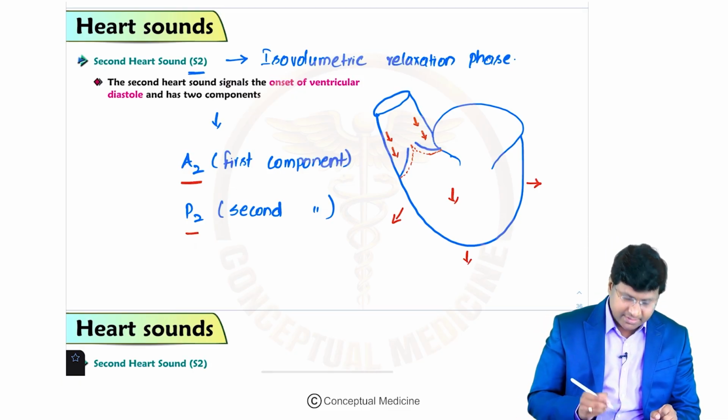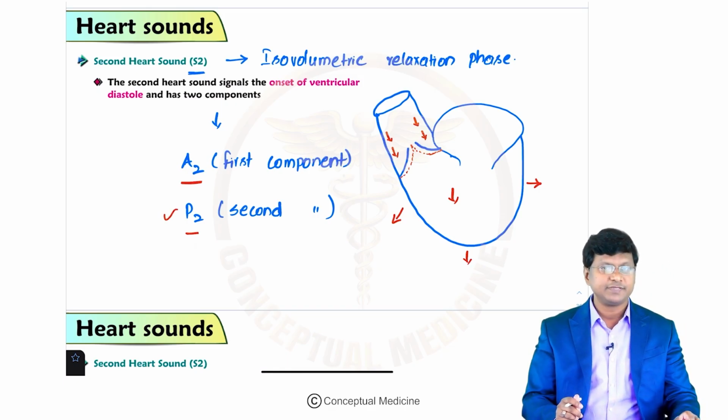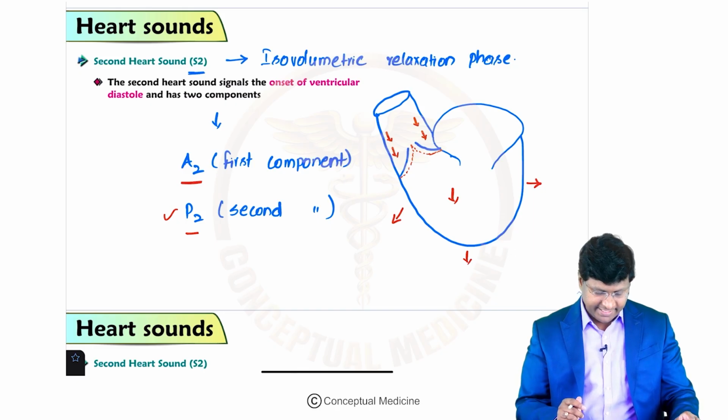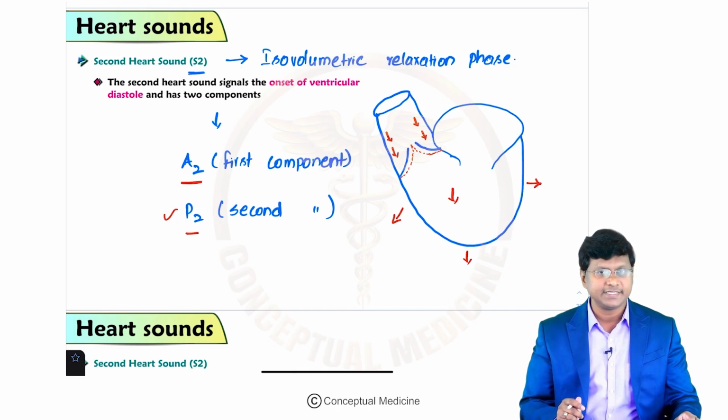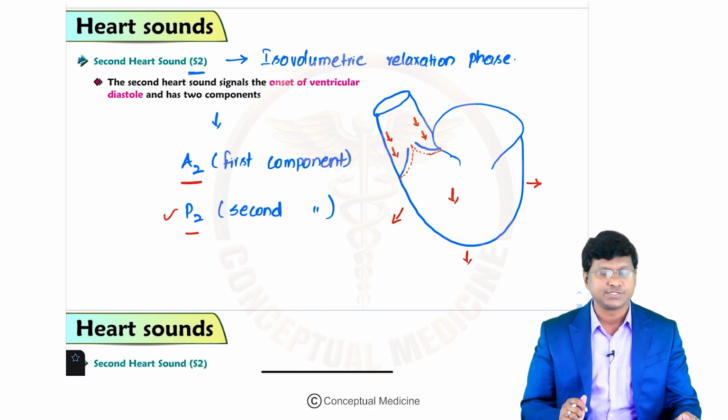A similar principle applies on the right side, and that will give rise to the P2. So you have the A2 followed by the P2. This is the mechanism of the second heart sound.